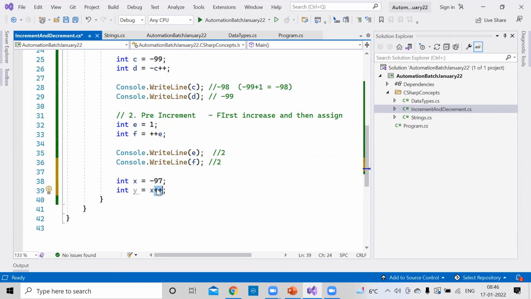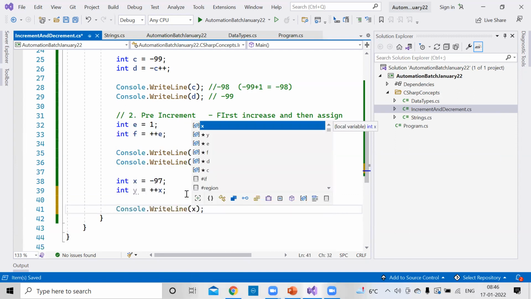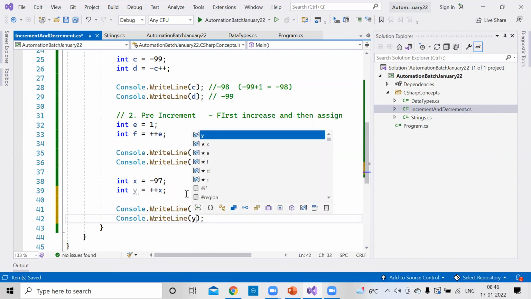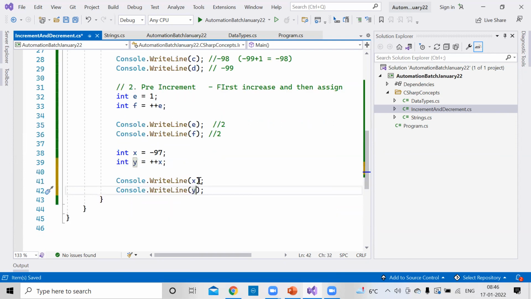Obviously, this is post. We will increase the values later on, but now we are understanding the pre-increment. So let's define plus plus before x and analyze the output. Console.WriteLine: let's print the value of x over here, and in the next line, let's print the value of y over here, and let's analyze the output.